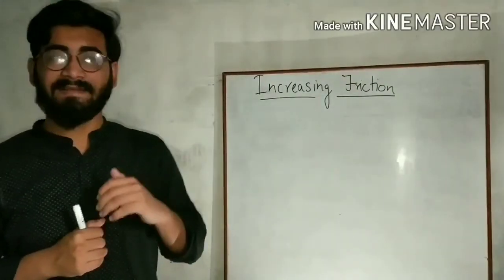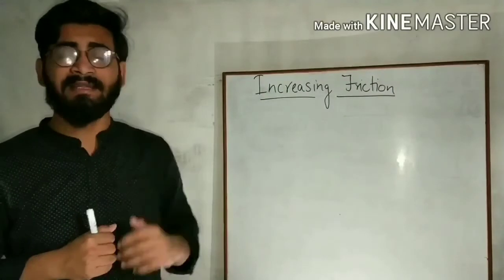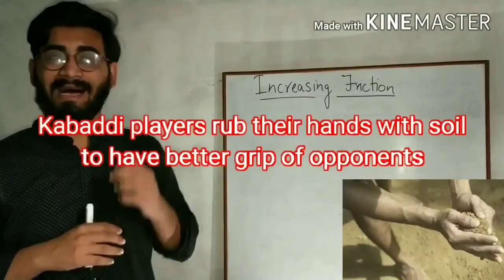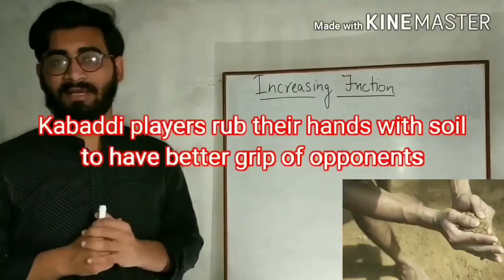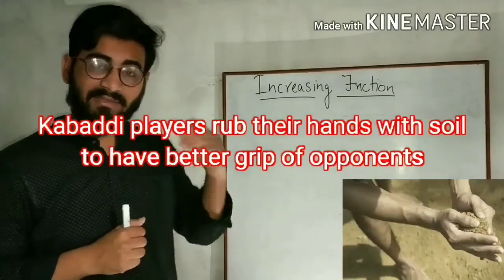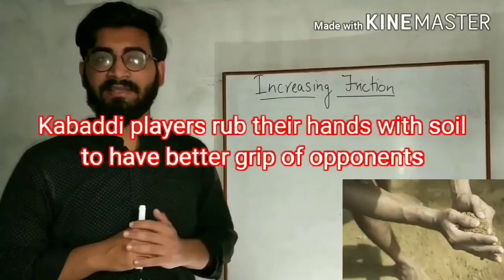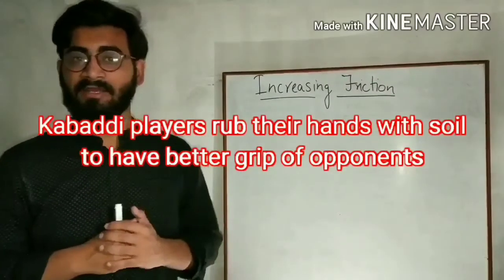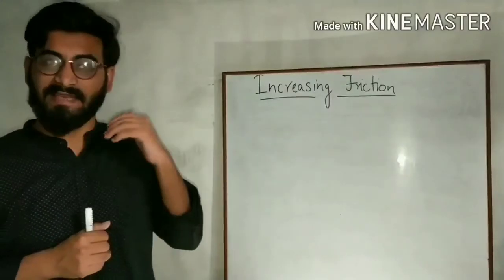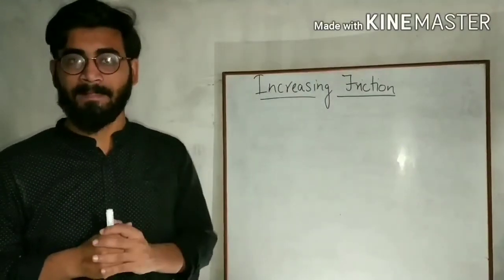And you might have seen Kabaddi players rub their hands with soil. Why do they rub their hands with the soil? They rub their hands with the soil to increase the friction so they have a better grip on their opponents. So in this case also, friction is increased deliberately.